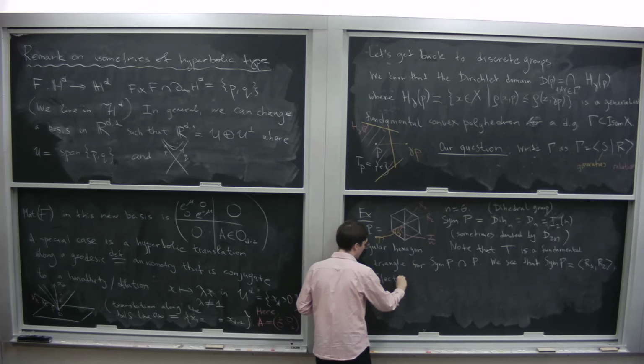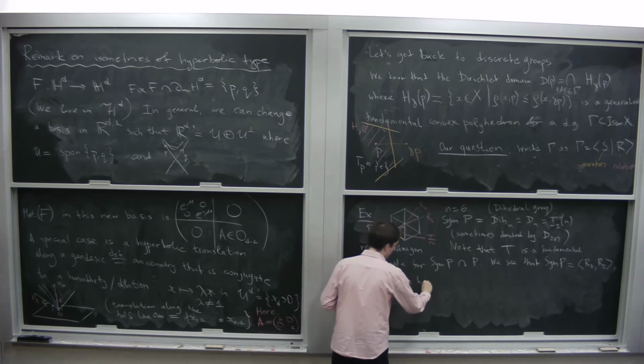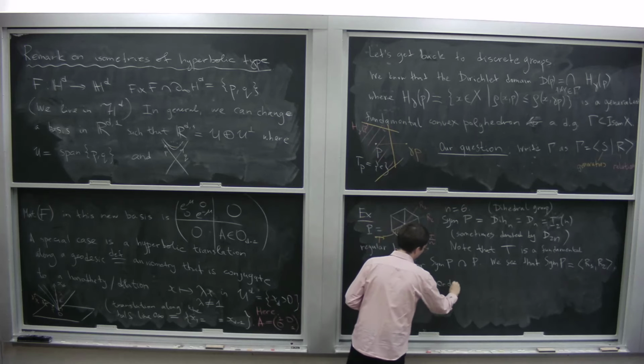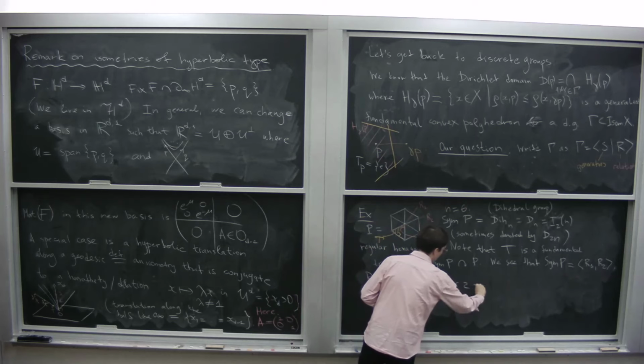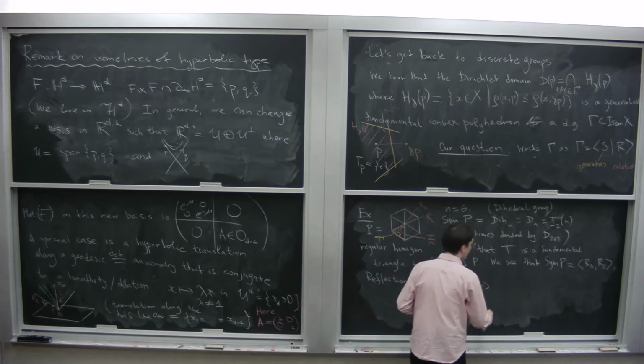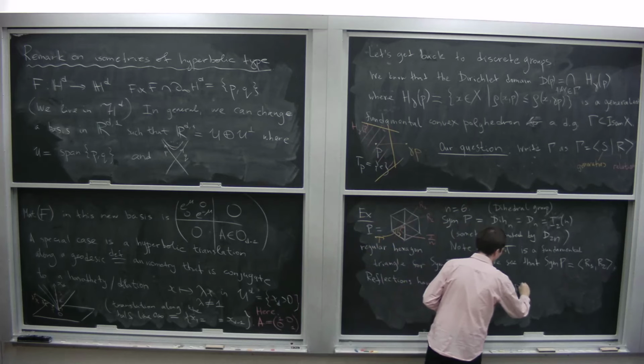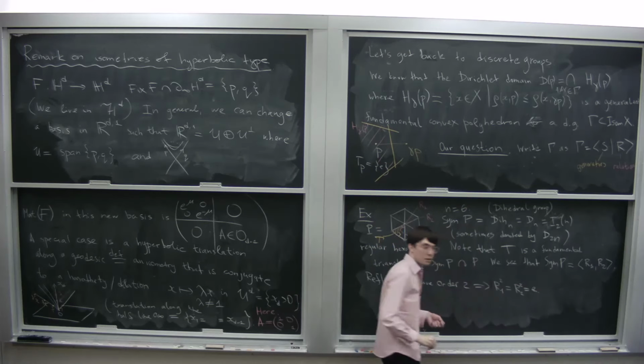So I'm writing reflections of order 2, which implies that R1 squared and R2 squared are the identity, right?